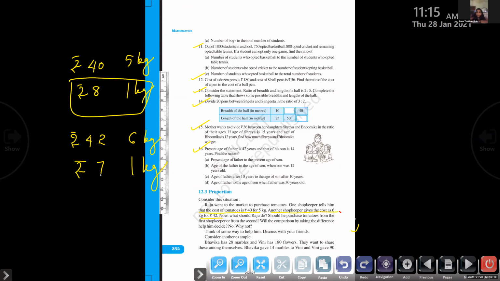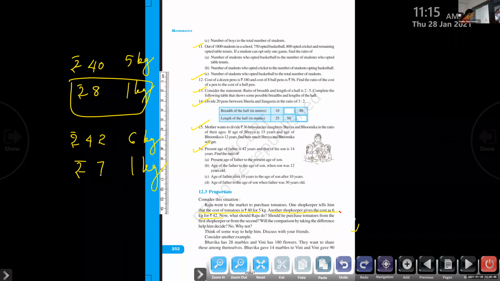Yes, ma'am. In our daily life, we go to different shops to get some profit. We want tomatoes, then onions, and we go and search for all the places where the price is low. We will get the onions or vegetables from there, isn't it?